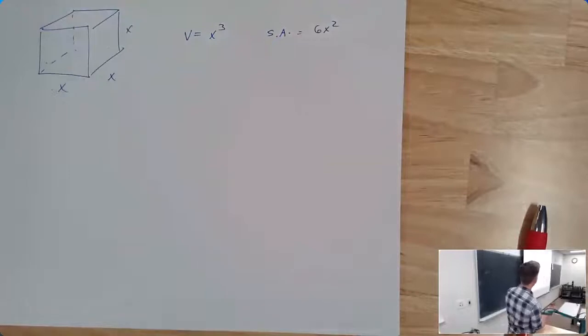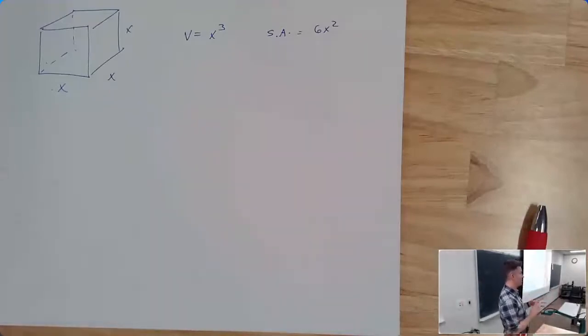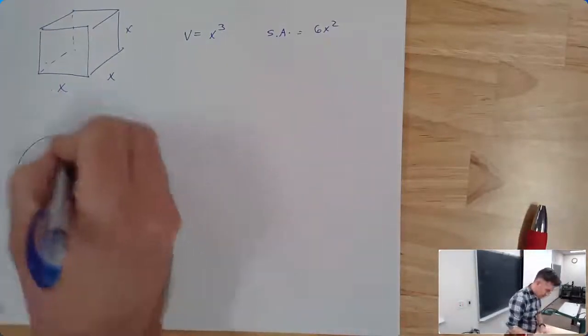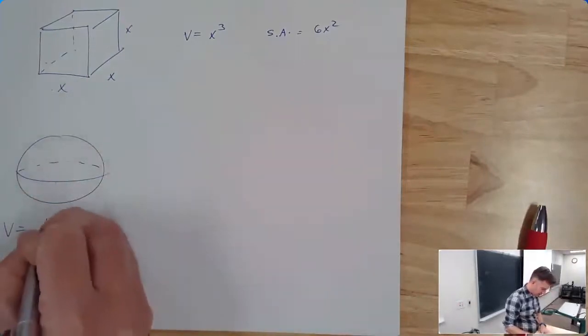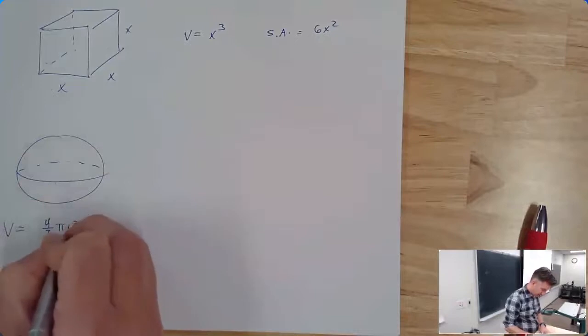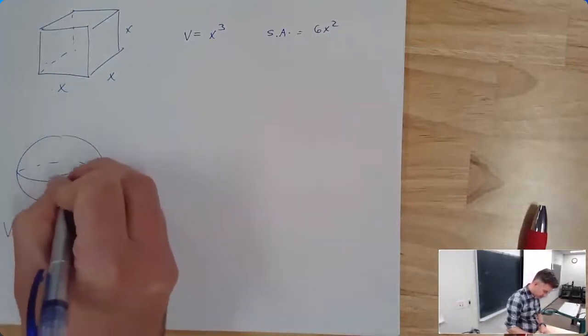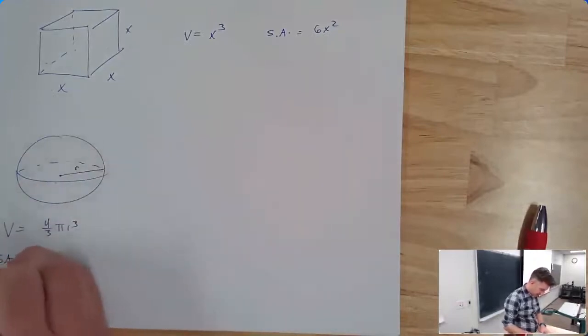But there's a really neat thing, which is true for circles and spheres: if you take the derivative of their higher dimensional equation, you get their lower dimensional equation. So for a sphere, the volume is definitely 4/3 pi r cubed, and the surface area of a sphere is definitely 4 pi r squared.